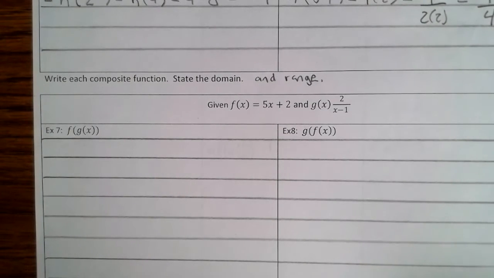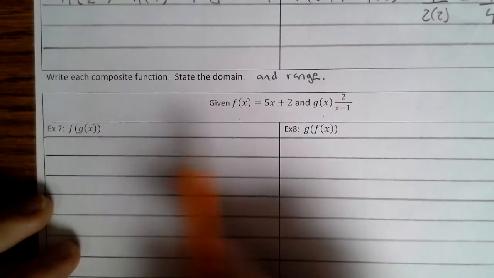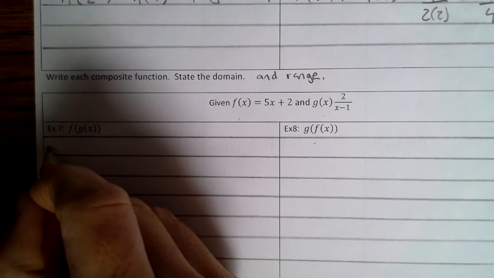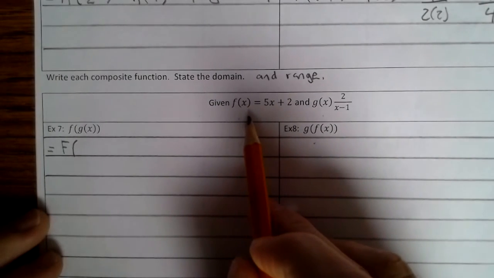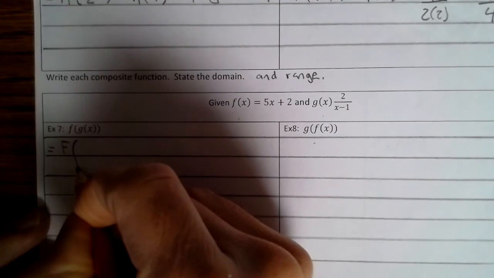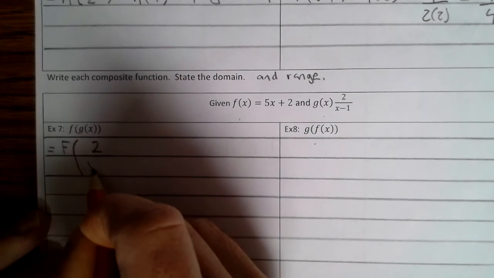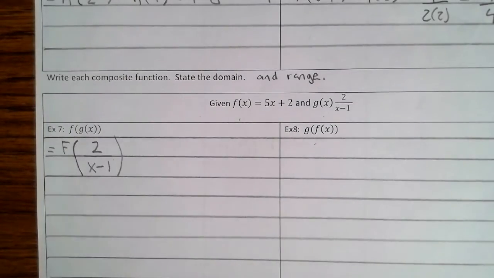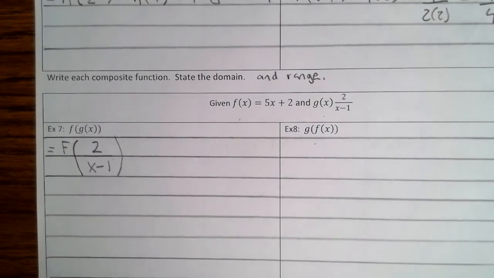So that's f of g of x, which is 2 divided by x minus 1, so we're plugging this in for x in f of x.